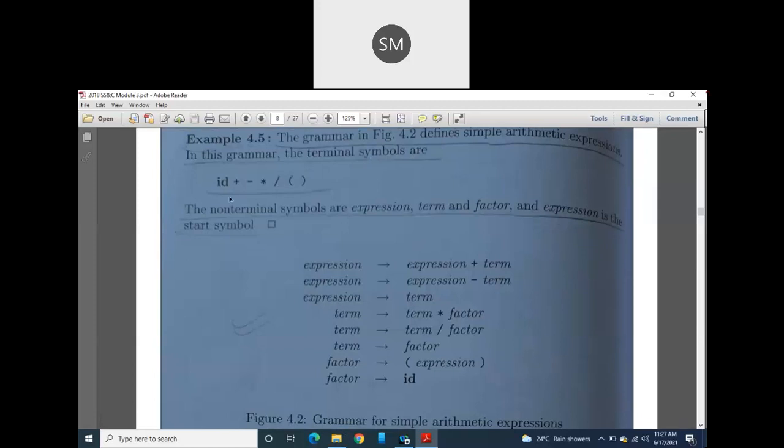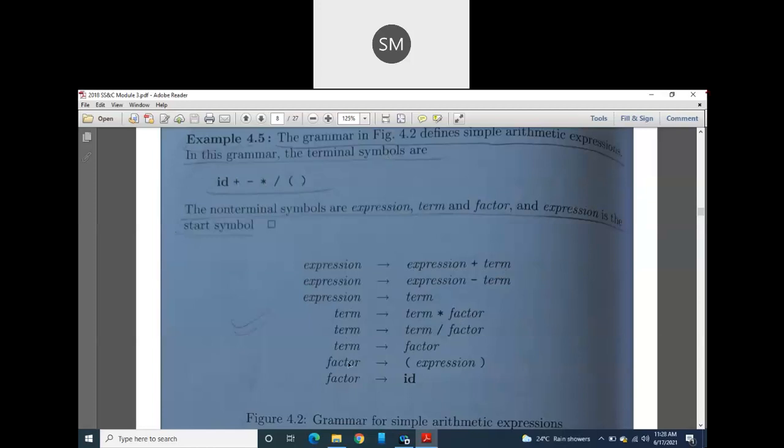The terminal symbols in this grammar are the identifier, ID, the arithmetic operators plus, minus, multiplication, division, and the open and close parentheses. What about non-terminals, sir? The non-terminals are expression, term, and factor, because we are defining them.